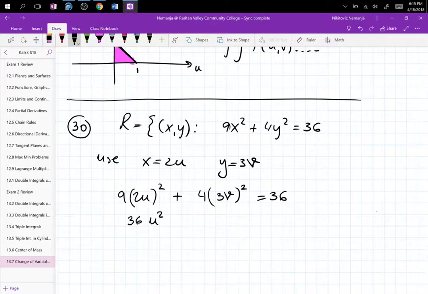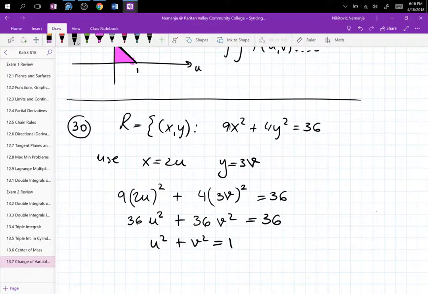Okay, there. Okay, I was wrong. Theirs is better. 9 times 4 is another 36. Okay, they win. I lose. Because they have a unit circle, and mine was radius 6. So, all right. I lose this round. Fine. Okay.